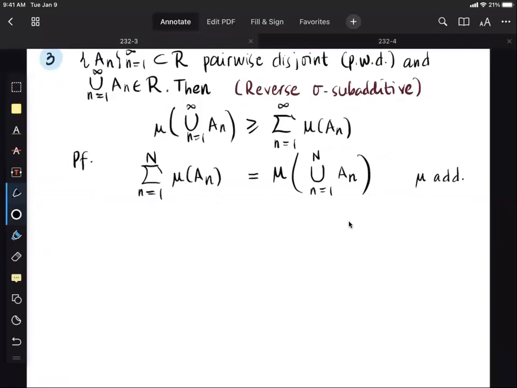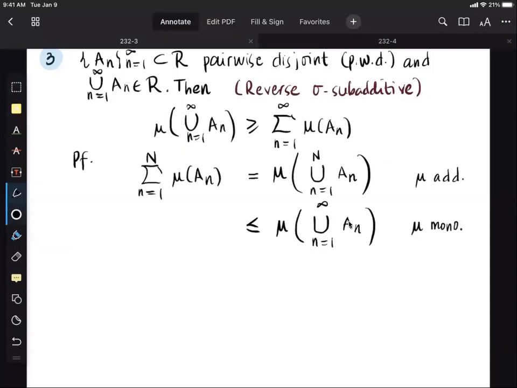Okay, now the finite union is a subset of the countable union. So in this case, we can now apply the first property, in particular, the monotonicity of the content, that the content of the finite union is less than or equal to the content of the countable union.